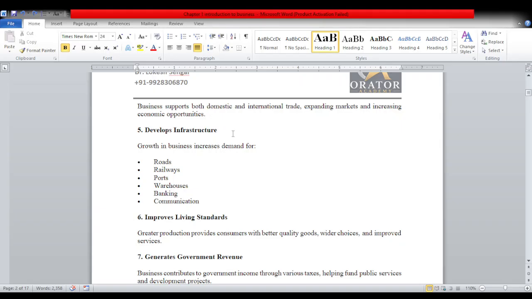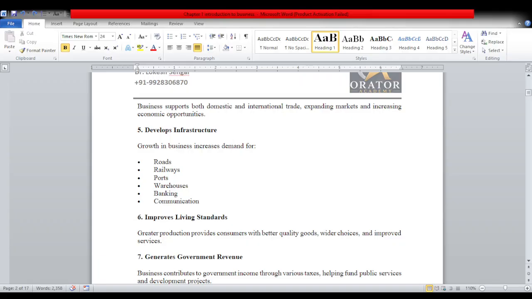Railway will help you transport your goods and services and the passengers as well. Ports will also help you to export the goods and services from one country to another. Warehouses will help you to store your goods and different products for a long period of time, and when demand suddenly arises, you can supply your goods from these warehouses.